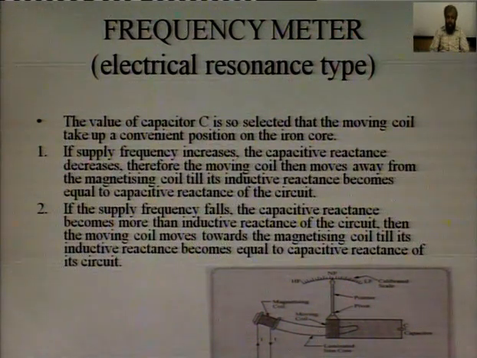If the supply frequency falls, the capacitive reactance becomes more than the inductive reactance of the circuit. Then the moving coil moves toward the magnetizing coil till its inductive reactance becomes equal to the capacitive reactance of the circuit.